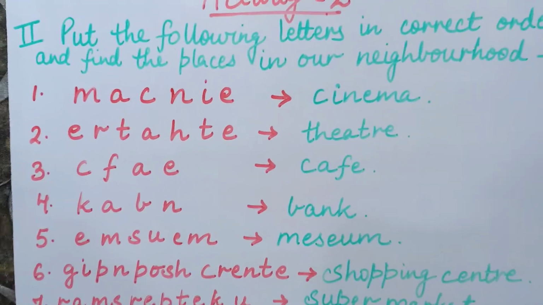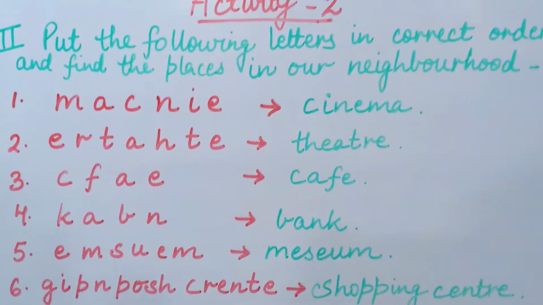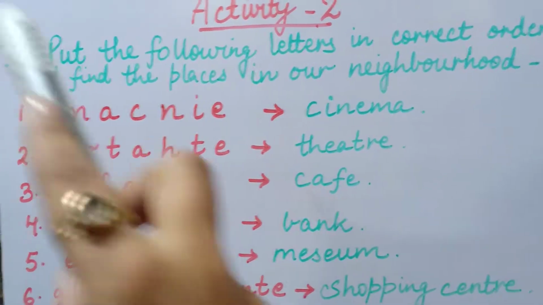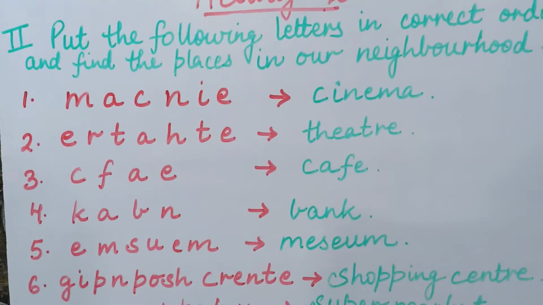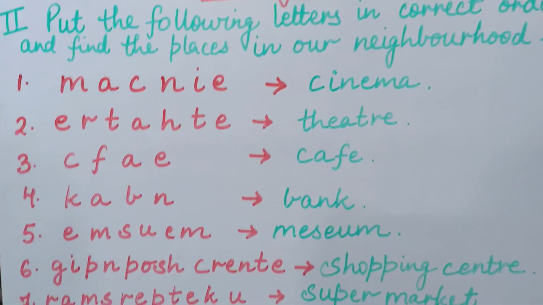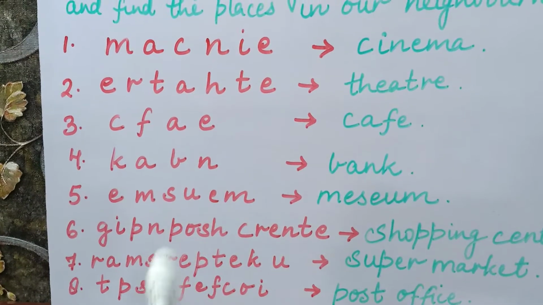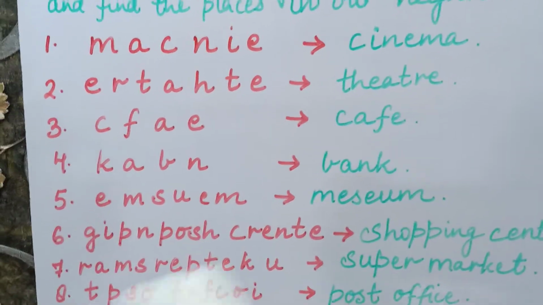Coming to the second part of activity 2, that is put the following letters in correct order and find the places in a neighborhood. Now children, in this exercise what you have to do, यहाँ पे हमने 8 words jumbled दिए हैं जिसमें सारे letters गलत लिखे हैं, उल्टे पुल्टे लिखे हैं.